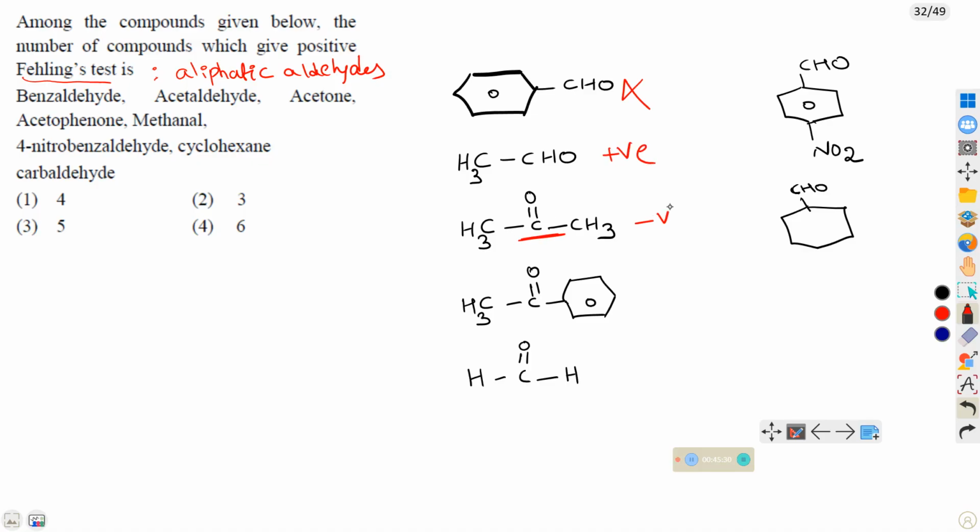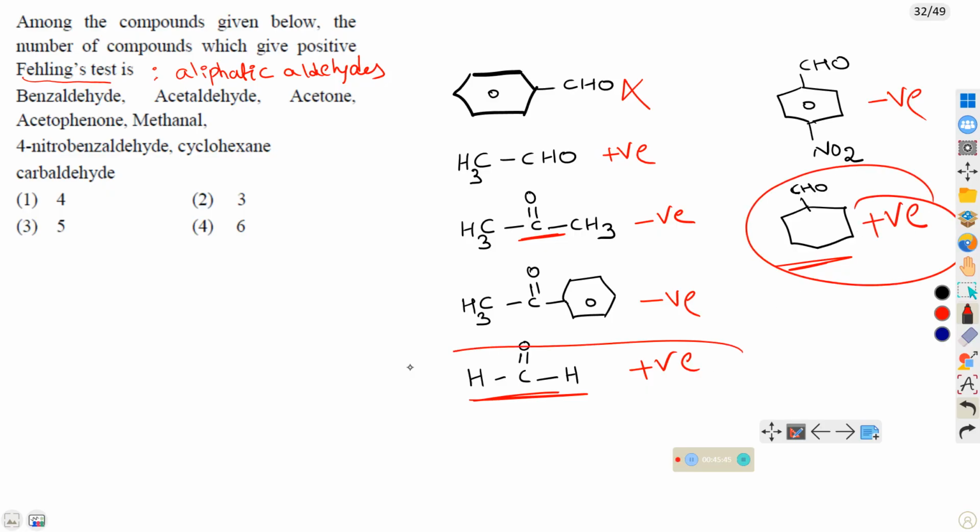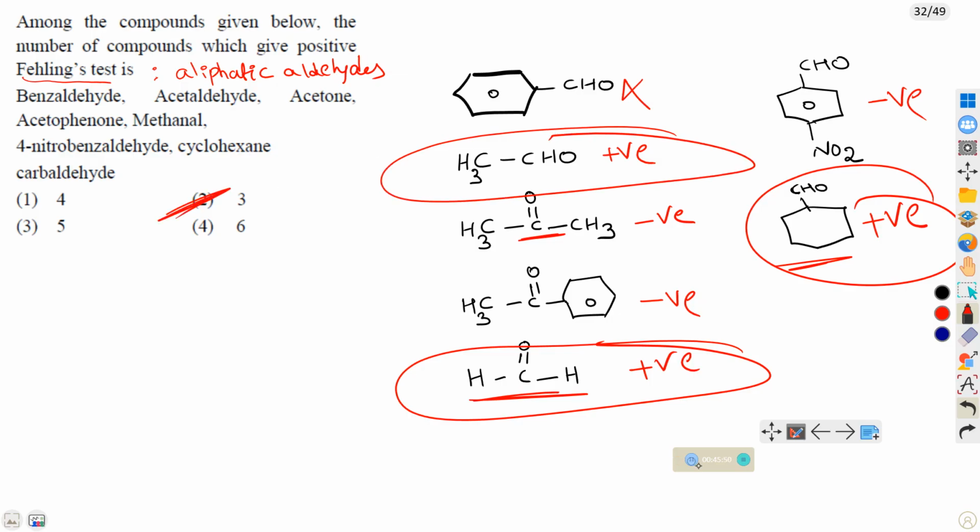Ketone gives negative. This is also ketone, negative. Methanal, aldehyde, positive. This is aromatic, negative. This is again aliphatic, positive. 1, 2, 3. Second option correct.